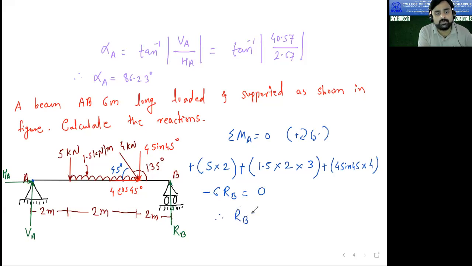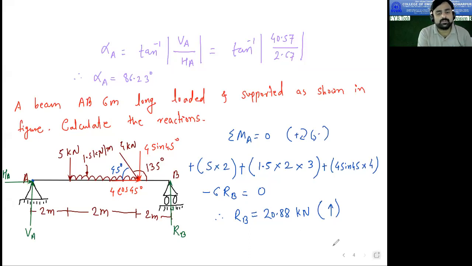Therefore, RB is equal to 20.88. Positive answer, right? Yes, sir. So our assumed direction of RB is correct. It is moving upward.